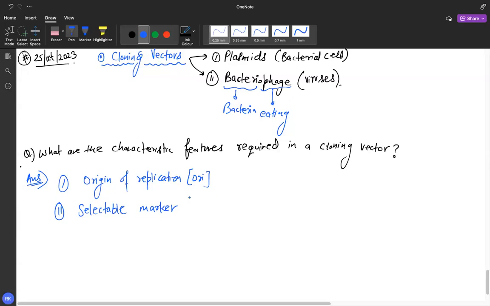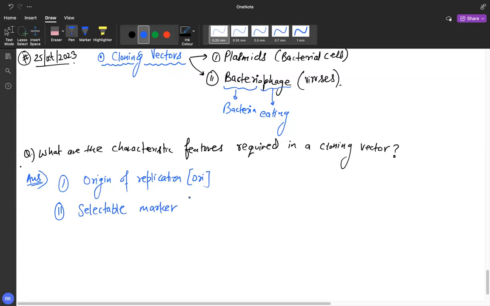And if it gets translated, then it will produce a protein if it is a gene. So a selectable marker is basically a gene that encodes for a protein, which gives you a way to identify that your plasmid has reached inside with your piece of DNA. And if that has happened, then the host is transformed. The bacteria is transformed. Okay.